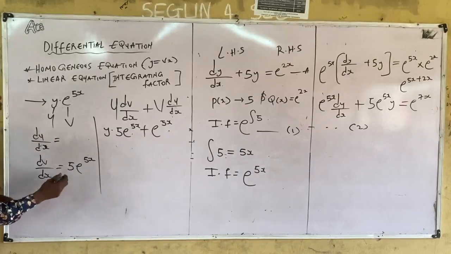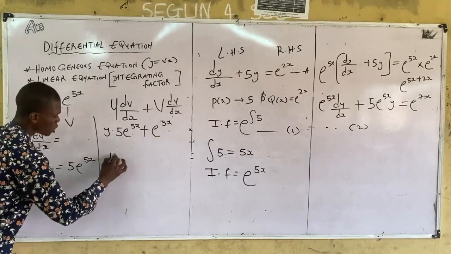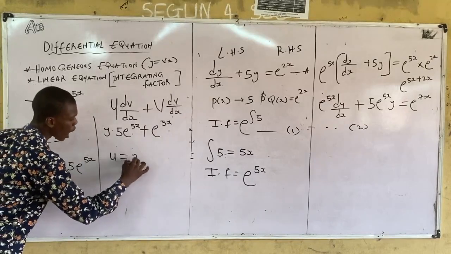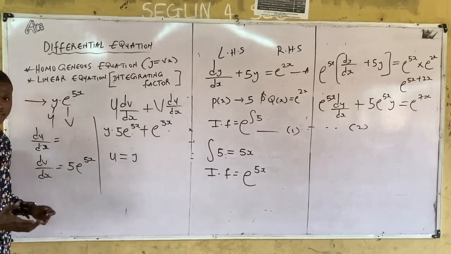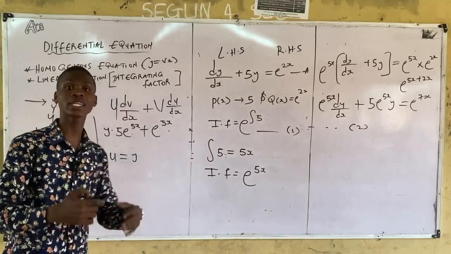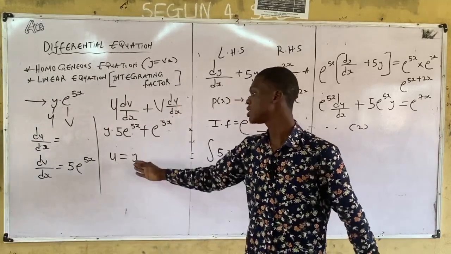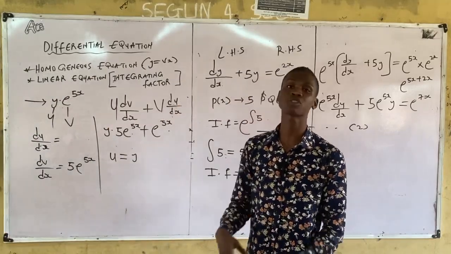Let's say u is a function of y, or let's say u is equal to y. Now, how do we get the du over dx? The only way we can get it is to differentiate both sides with respect to x.